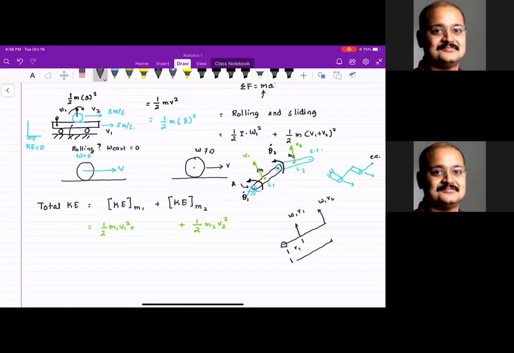So what it means is, at these two lengths, you have a linear velocity, but in addition to the linear velocity, you have a rotational velocity, which is 1/2 I1 omega 1 square and 1/2 I2 omega 2 square. Everyone understood this?